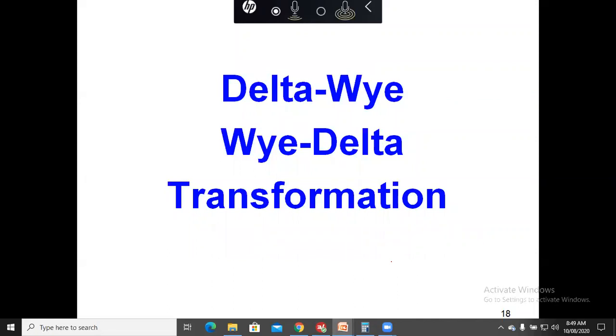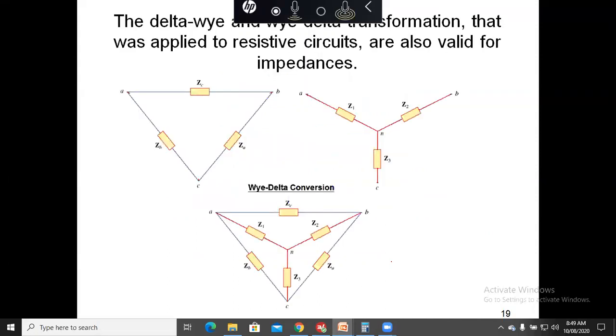We learned that we have the delta network, and we have the Y network.